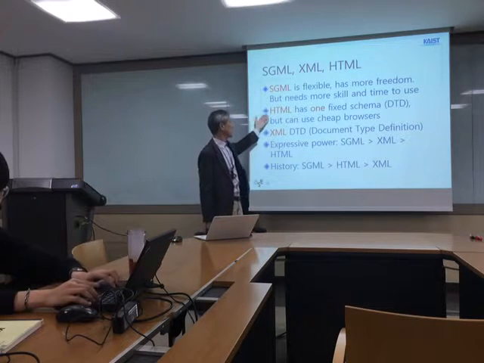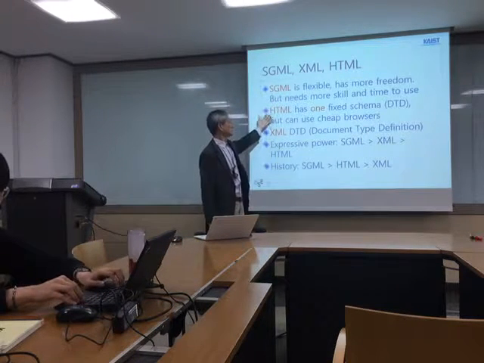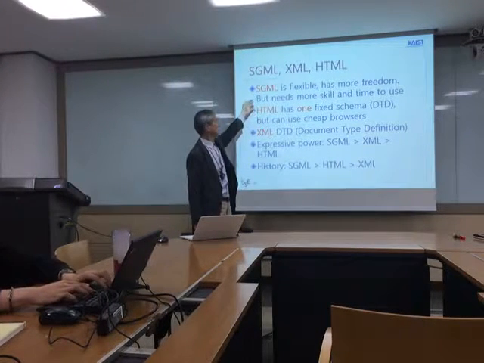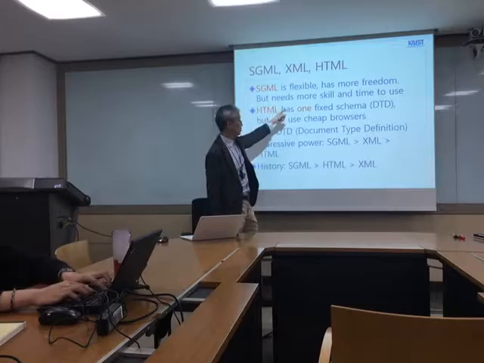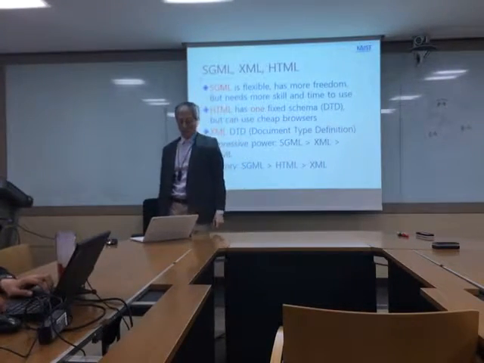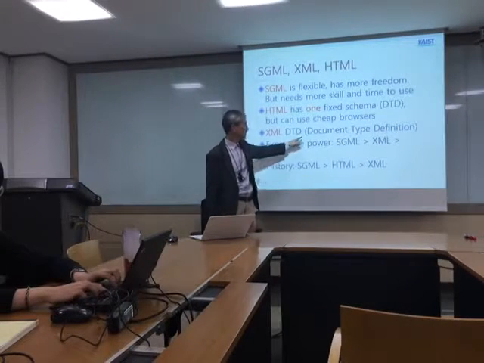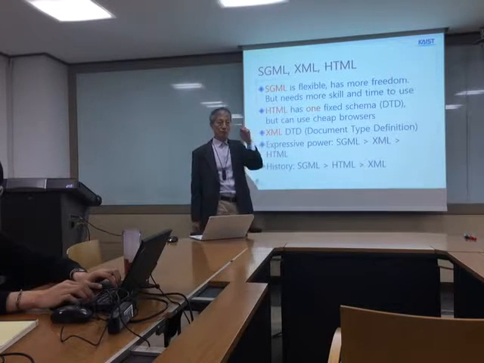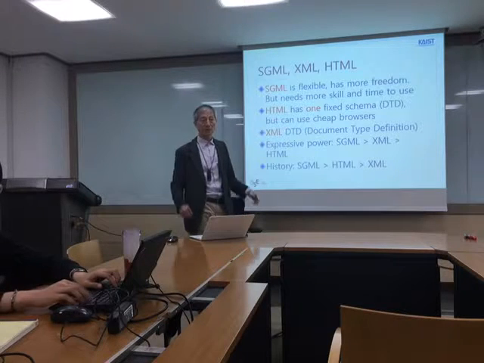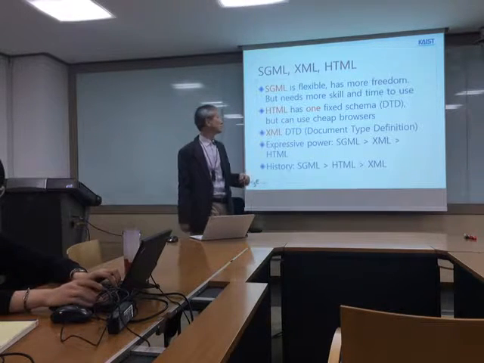And then it came with HTML. HTML is a very simplified version of SGML. It is only one fixed schema, which we could call a DTD, document type definition. Only one. So you don't need to handle the schema itself. You just use that schema.